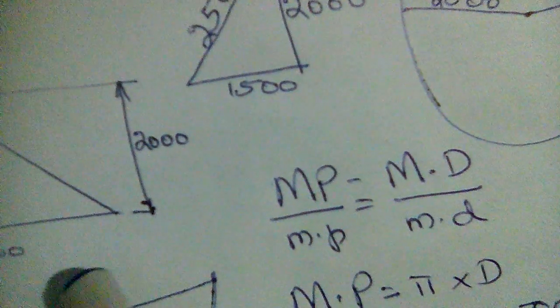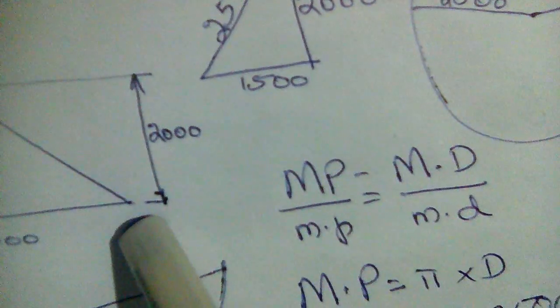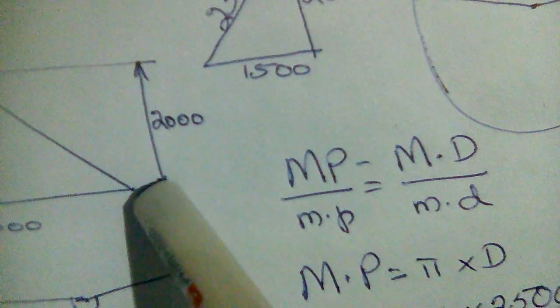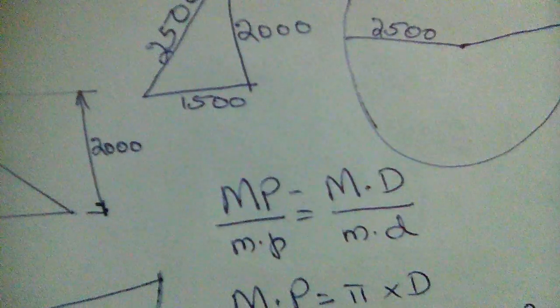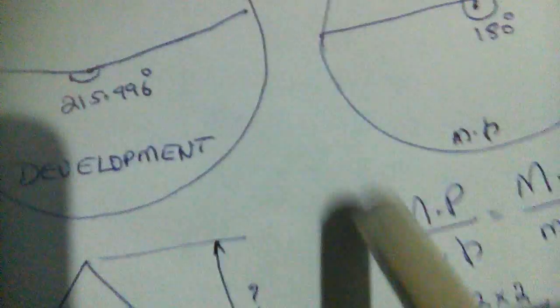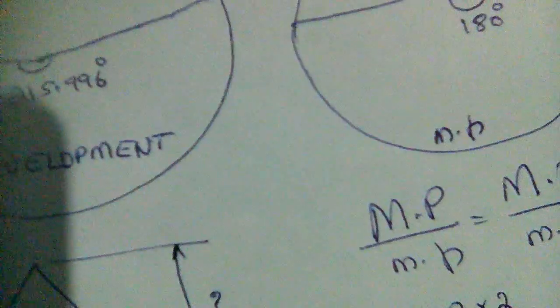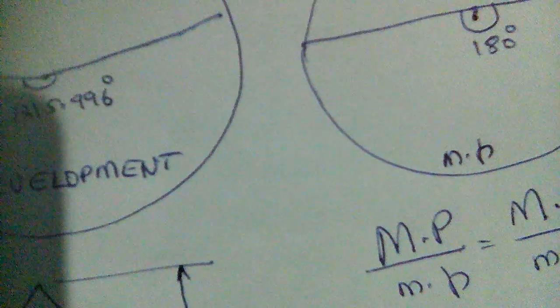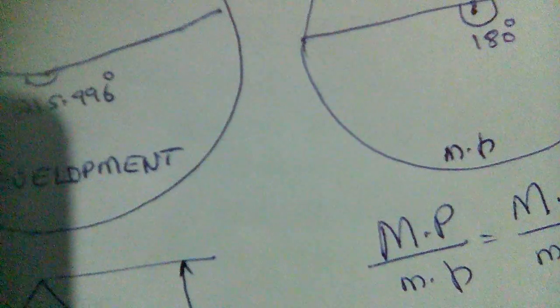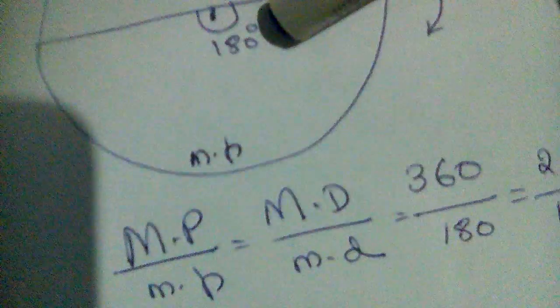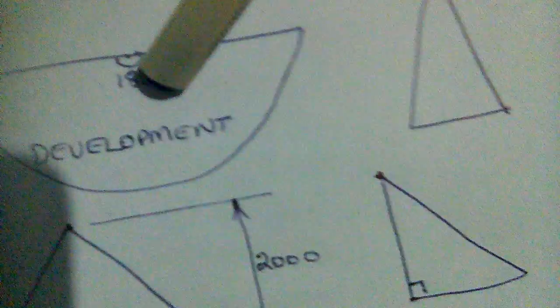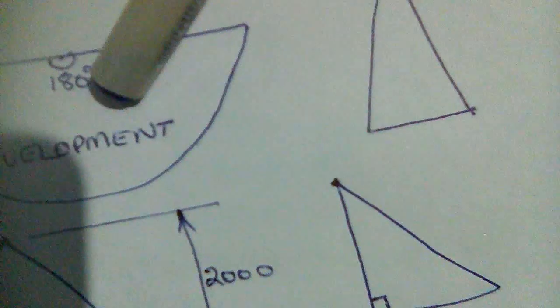Finally, when we did the development of 3000 diameter and a 2000 vertical height cone, we got the degree of development 215.996. So our aim is, we have to find one cone which has a development of 180 degree.